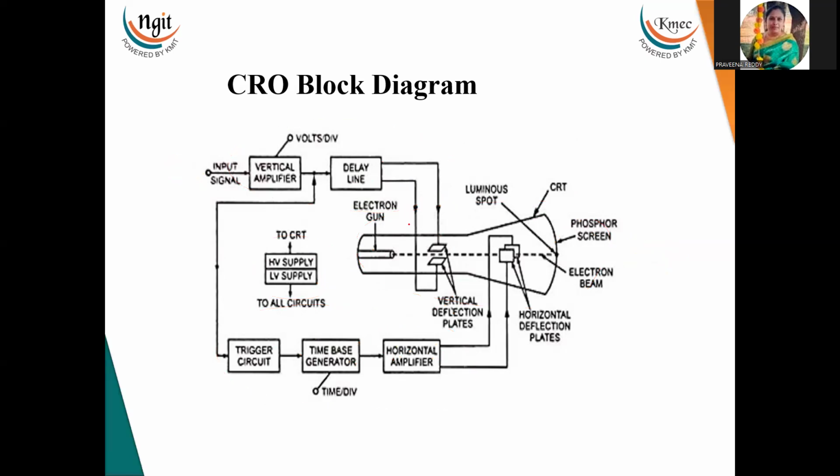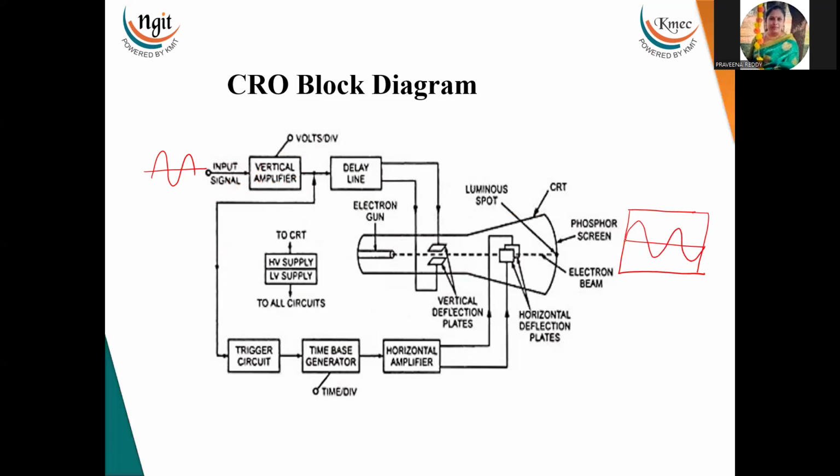Now we will see it in detail. If we are applying the signal to measure the waveform, this is applied to the vertical amplifier, and the signal is measured on the CRT screen, and it will look like this.